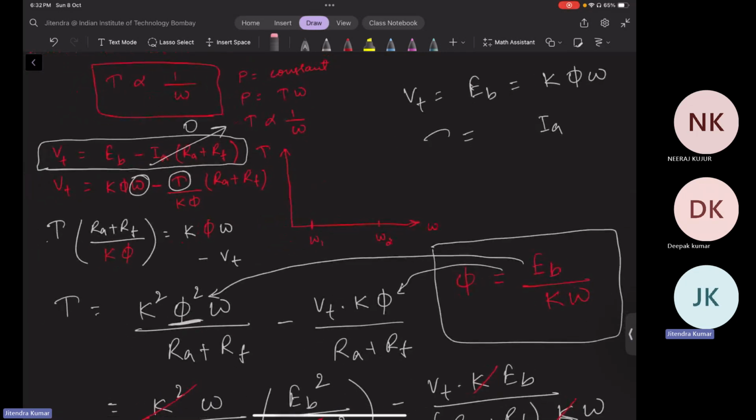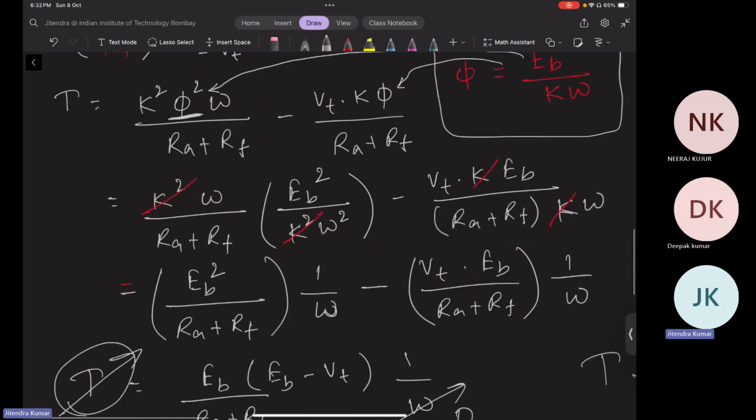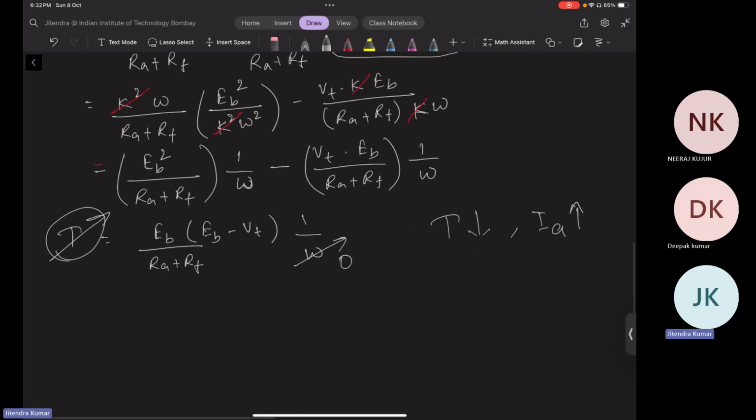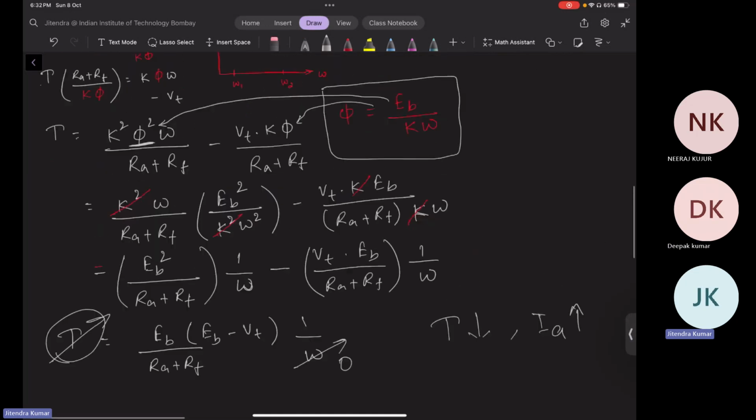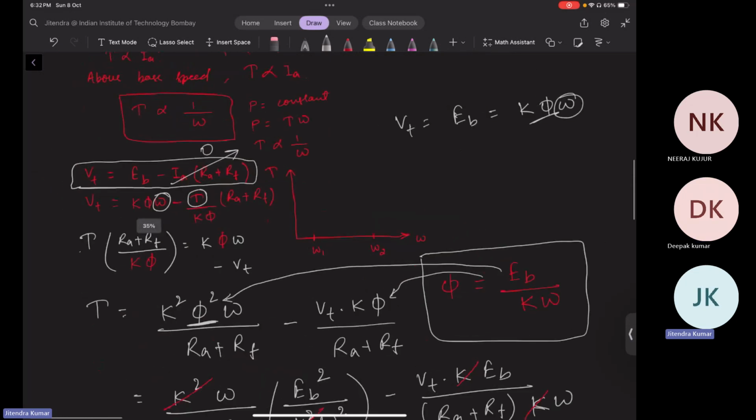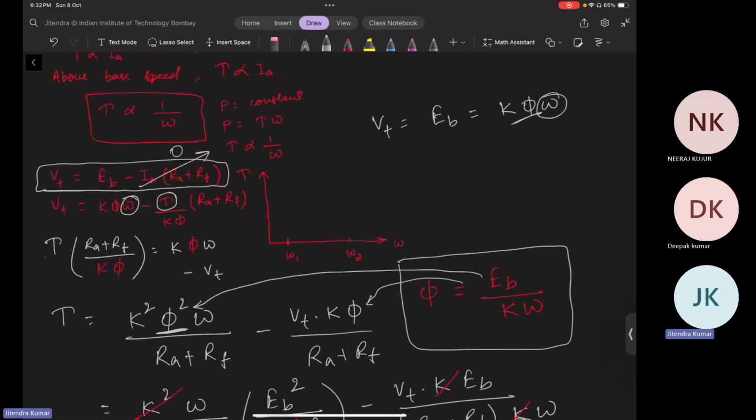I think we should avoid this expression. So what happens initially is that speed and flux you can vary. From this expression, I think you will end up with certain another thing. I don't remember that exact derivation, but you can find it in the textbook. Or you can solve some problem. We will be solving some problem based on that, so that we will get some idea of it.